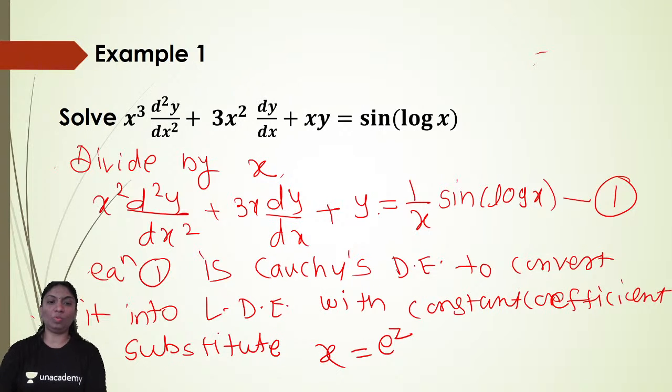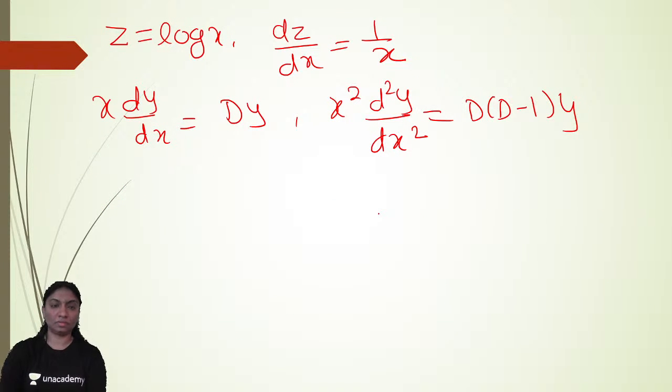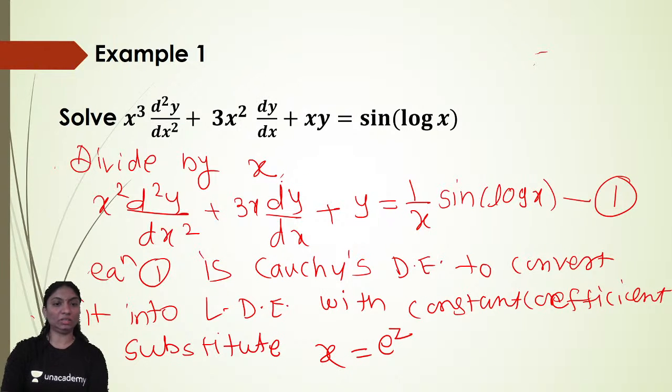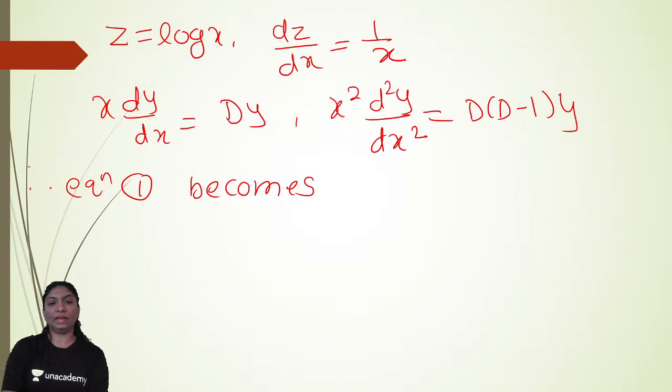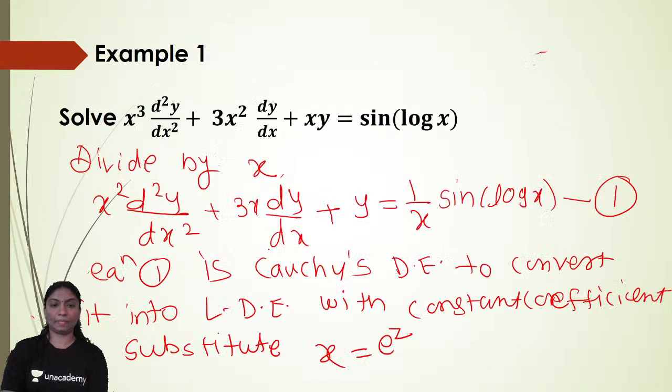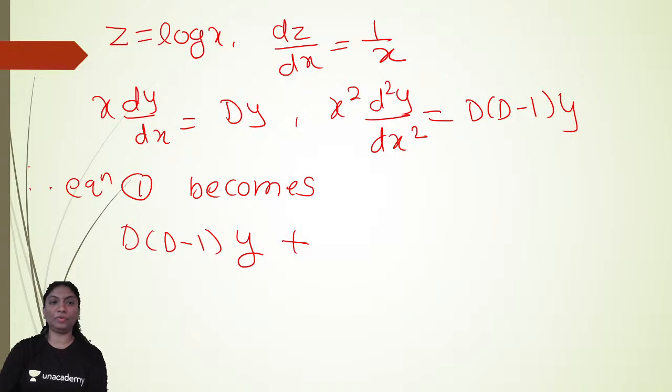So equation 1 becomes: x square d2y by dx square, which means D into D minus 1 of y, plus 3 into x dy by dx. So instead of x dy by dx, we put Dy. So 3 Dy plus y is equal to 1 upon x. So here x is equal to e raised to z.